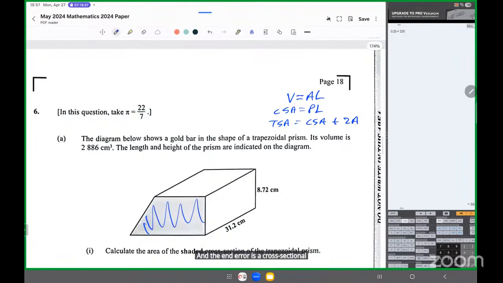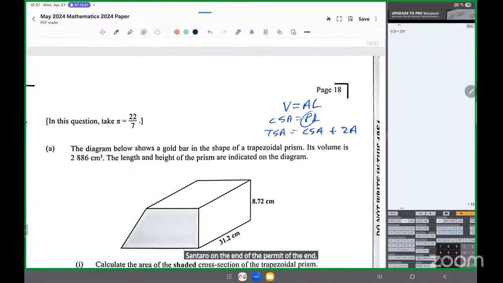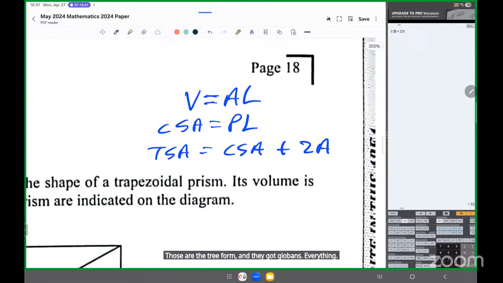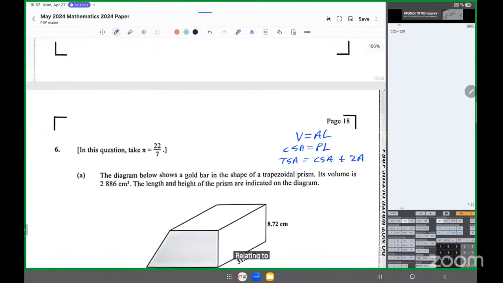L is the length, the distance between the two ends. P, the perimeter, is the distance around the end. Those are the three formulas that govern everything relating to uniform solids.